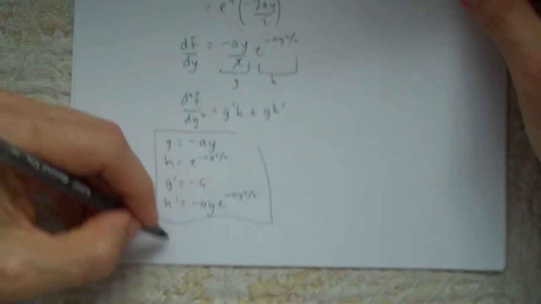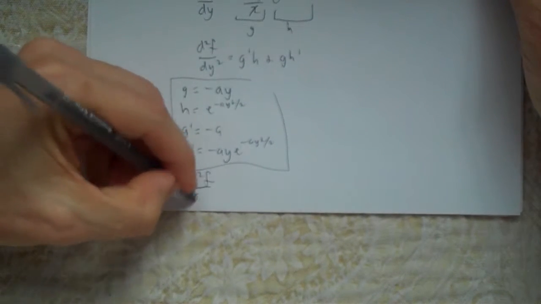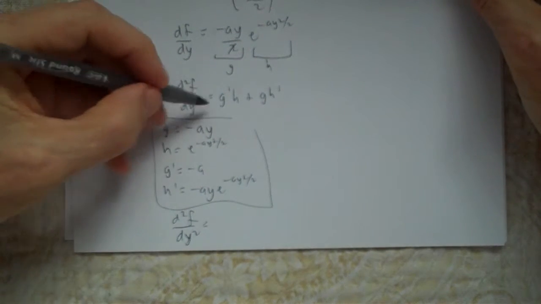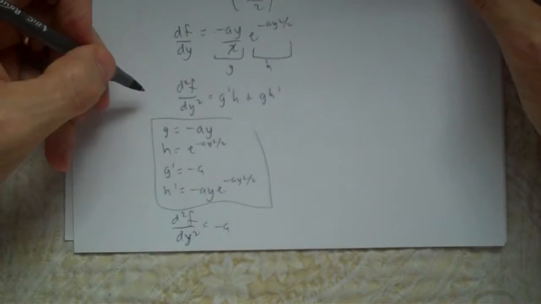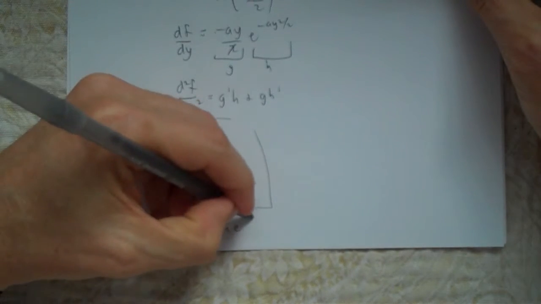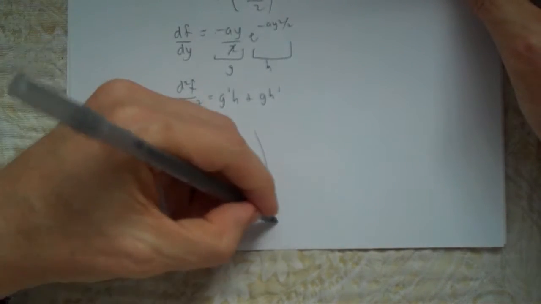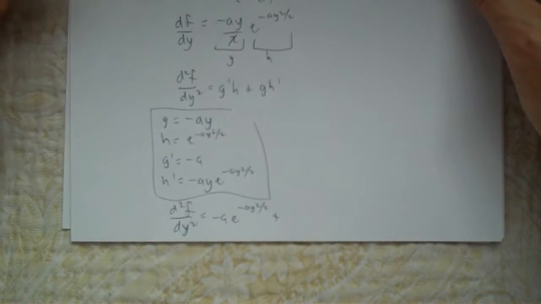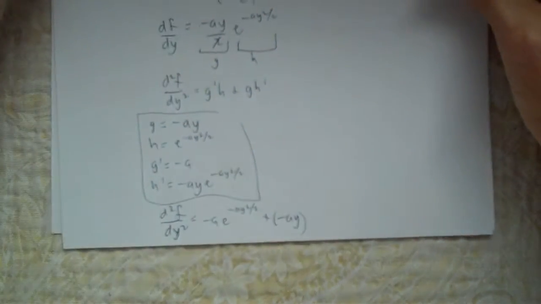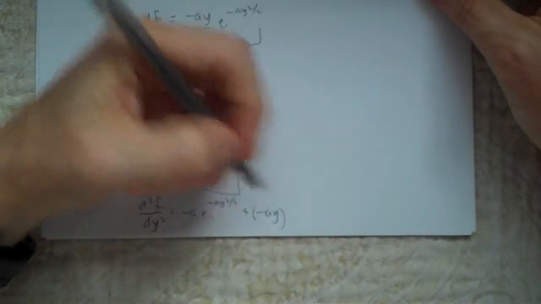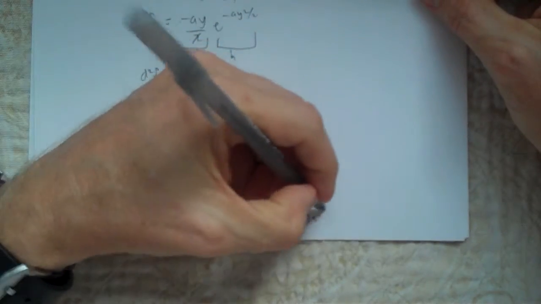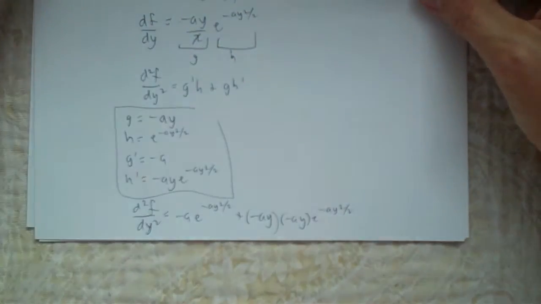Okay, so d squared f/dy squared is going to be g prime, that's minus a, times h, which is e to the minus ay squared over 2, plus g, which is minus ay, times h prime, which is minus ay e to the minus ay squared over 2.